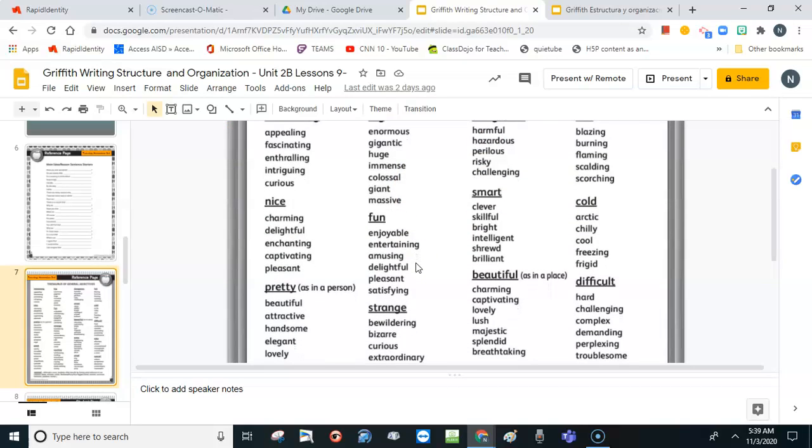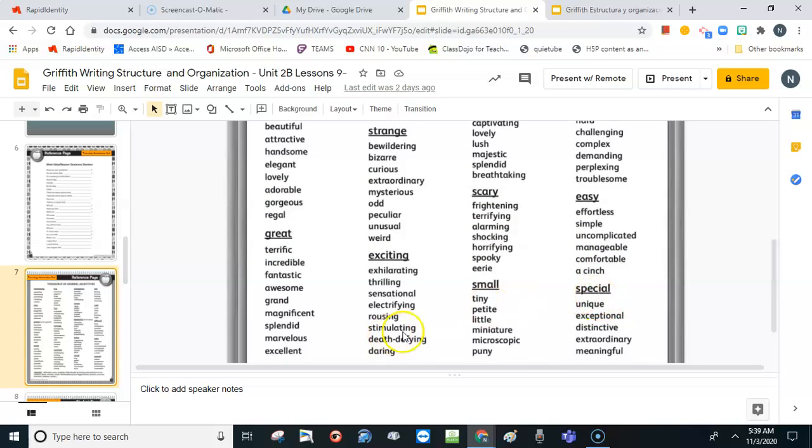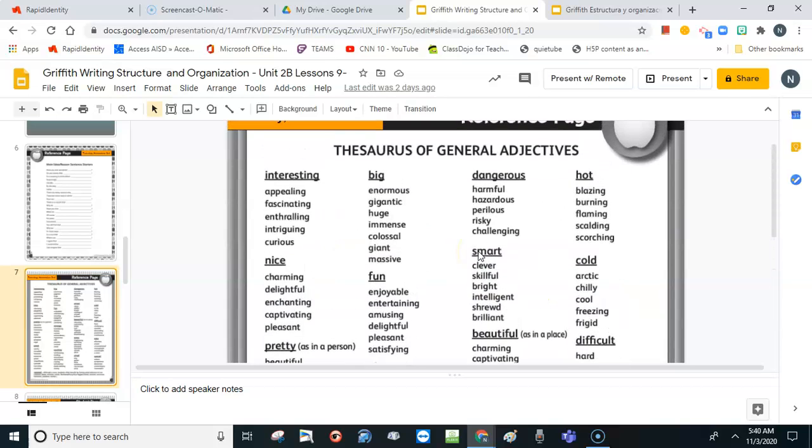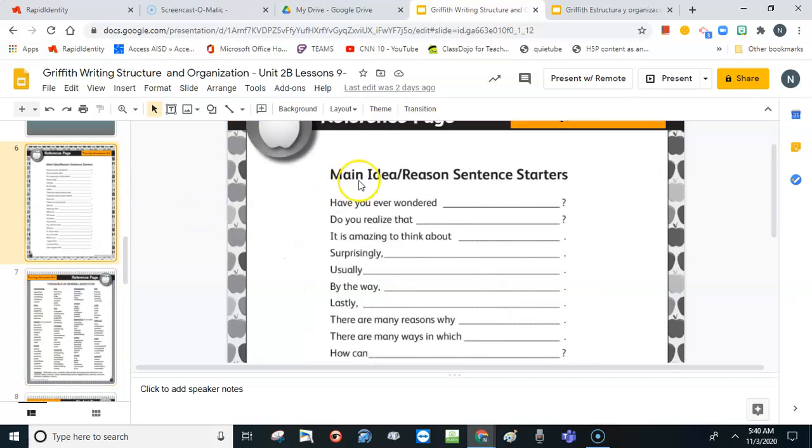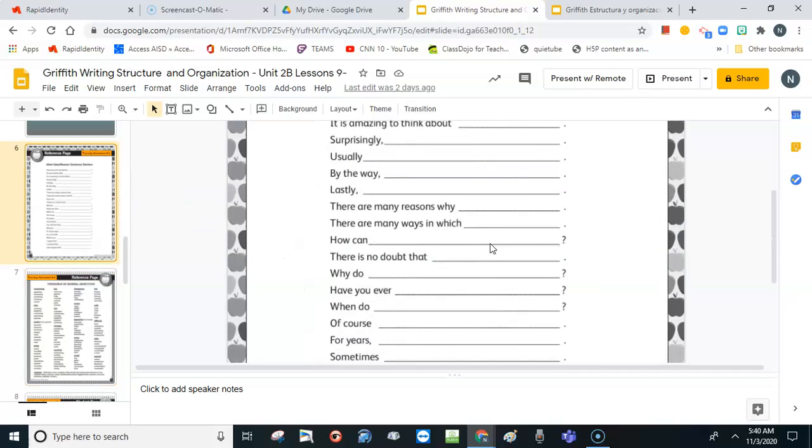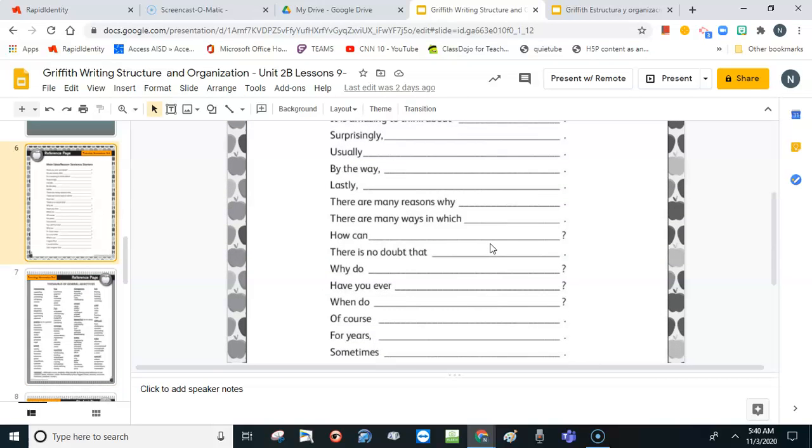So if you're talking about the person that you admire, and you want to say that you think that they're nice, then use one of these other words. If you think that they are exciting, use one of these other words instead. Special, great, interesting. So go ahead and look at your writing for your favorite person, and also use these sentence starters to change how you write your words.